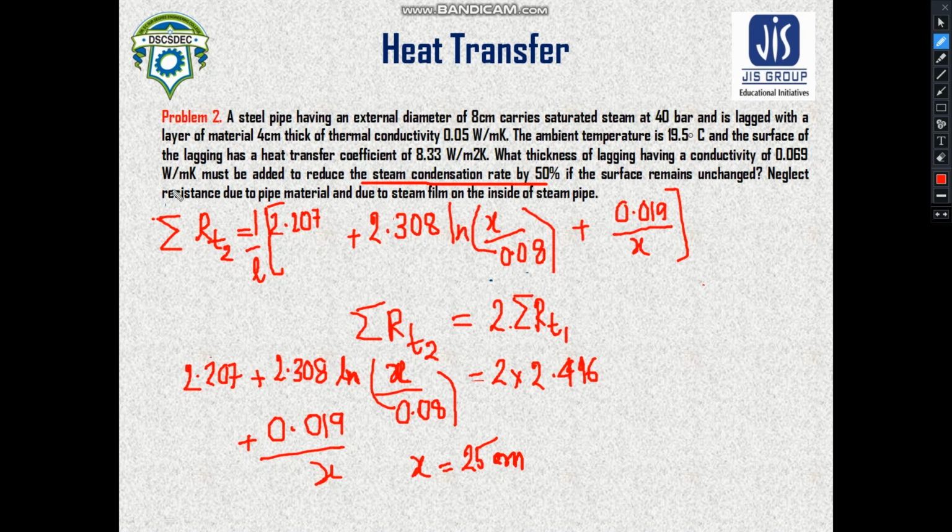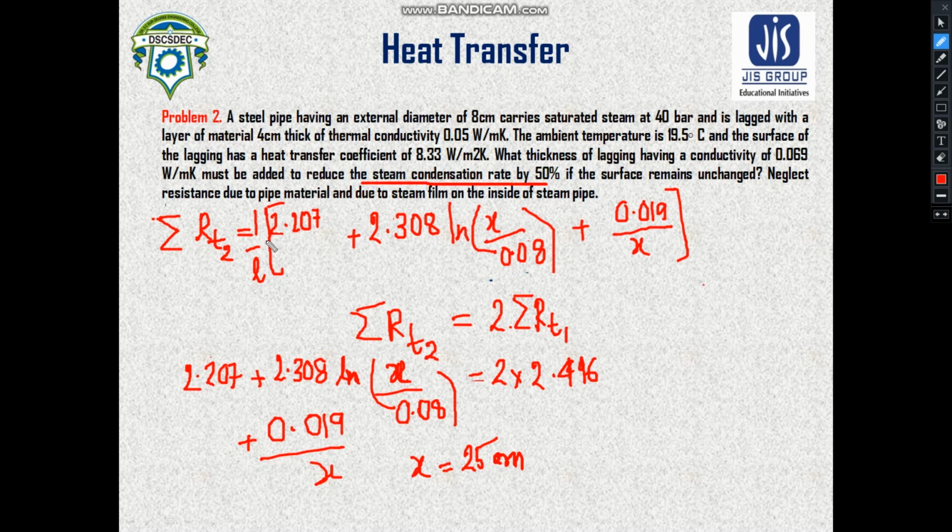So what we have done here is we have equated the thermal resistances in both the cases. In the first case, it was the summation of one conductive thermal resistance and one convective thermal resistance. But in the second case, because of the second layer of insulation, which was x centimeter thick, there will be three total thermal resistances.